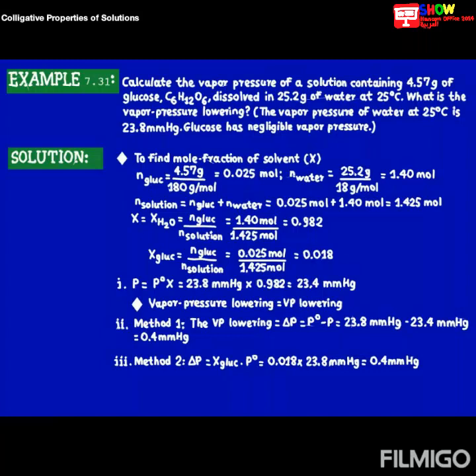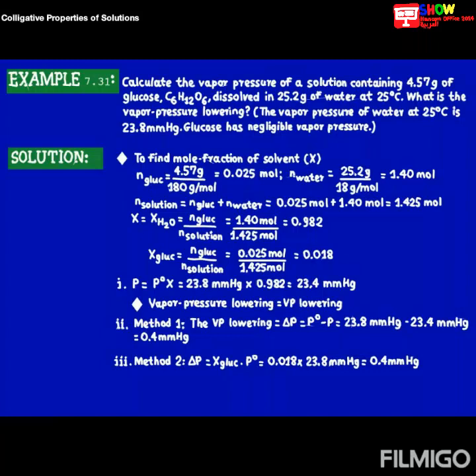Total number of moles is 0.025 mole plus 1.40 mole, which is equal to 1.425 mole. The mole fraction of water is 1.40 mole over 1.425 mole, which is equal to 0.982. And the mole fraction of glucose is 0.025 mole over 1.425 mole, which is equal to 0.018.